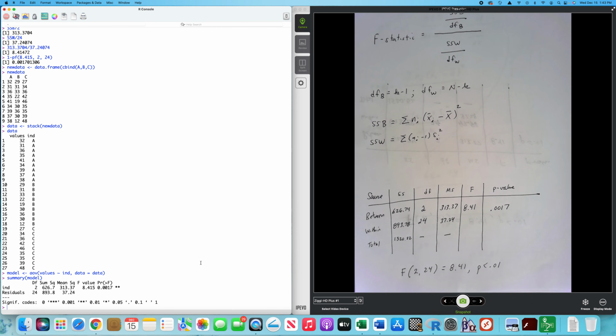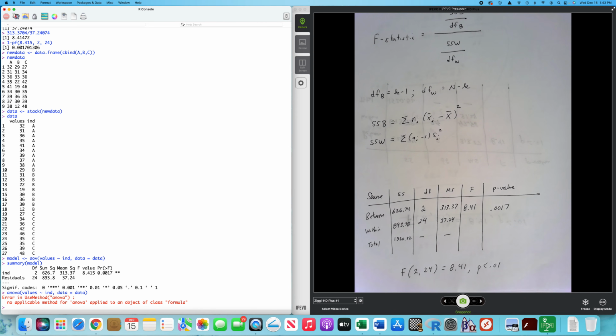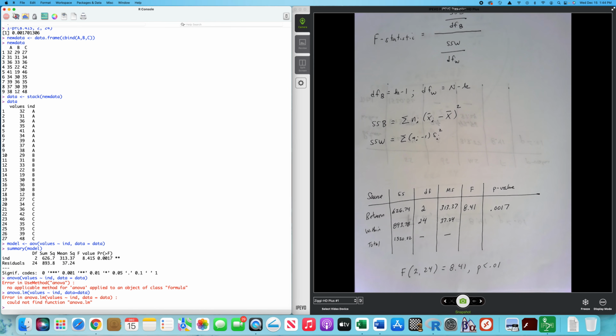So again, that's just something you have to tattoo to the brain. There used to be some commands in the older version of R that would actually give you your total line.